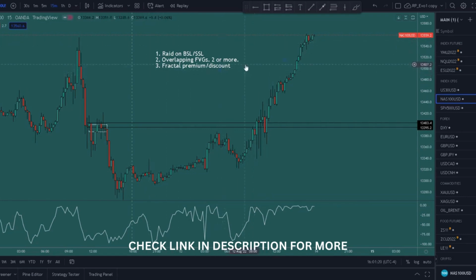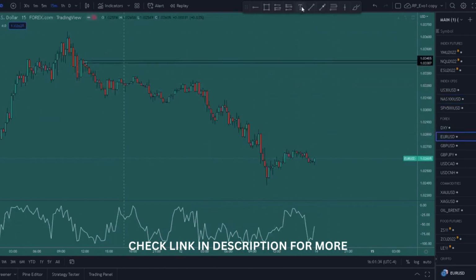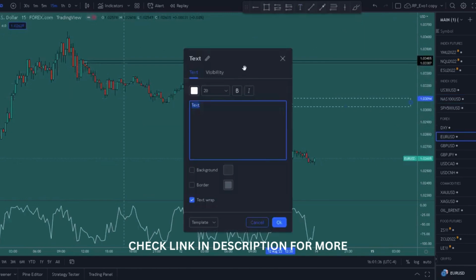And let's go right into the fun stuff, the advanced concepts that I think can help filter out good trades versus the bad trades. And we'll start with the euro dollar actually. So the first thing I'm looking at is at least one FVG has to be created during the mini kill zone.